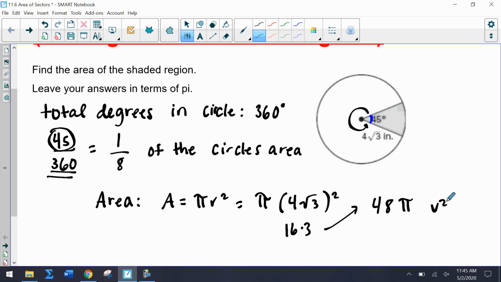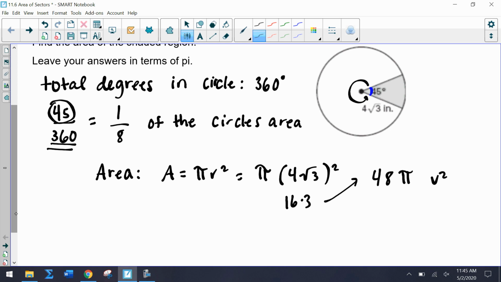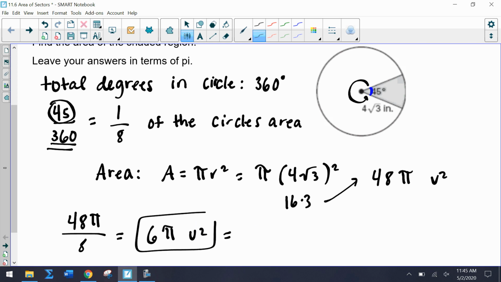And that's the whole circle. But this 45 degrees, that shaded region, represents an eighth of that whole circle. So 48 pi, that total area, divided by 8 gets us 6 pi units squared. And that's the area of the shaded region.